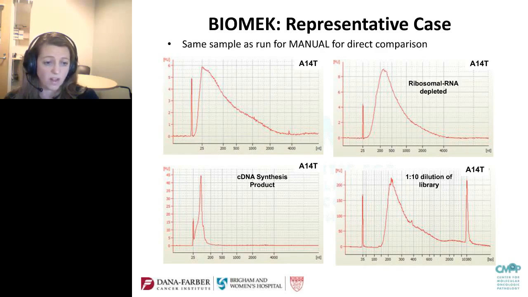This is the same RNA from the beginning, the exact same trace. When the ribosomal depletion is done on the robot, you can see what the library looks like. This is the cDNA synthesis product after cleanup, and then the library that's been generated. The big thing to point out is that this library's been diluted 1:10, so we're getting far superior yields in the library when we run it on the automated system.